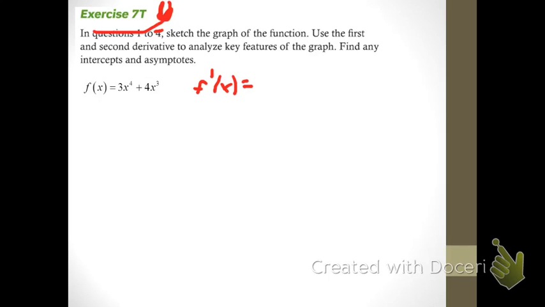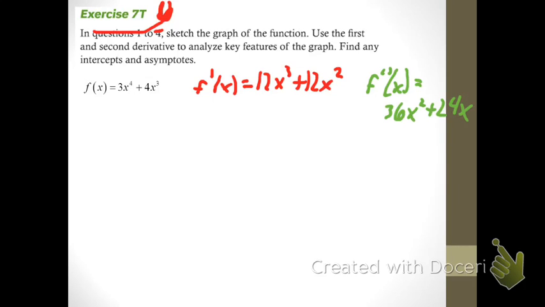Of course, the first derivative is going to give us f prime of x equals 12x cubed plus 12x squared. And then f double prime of x is going to equal 36x squared plus 24x.